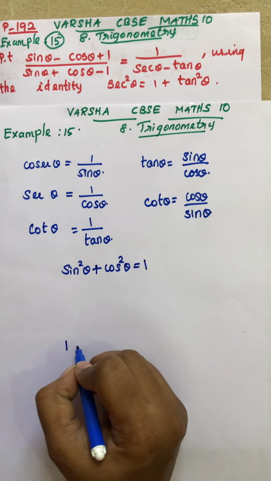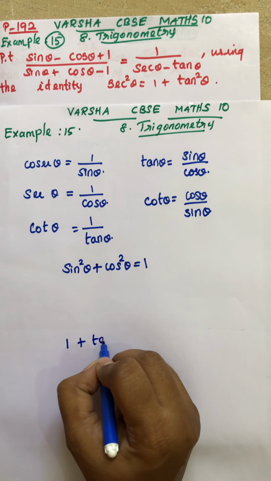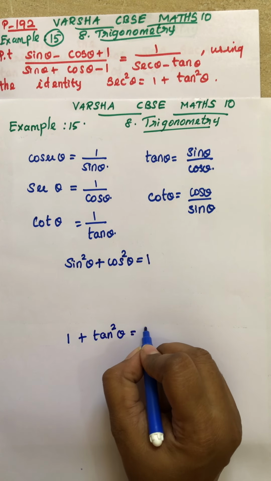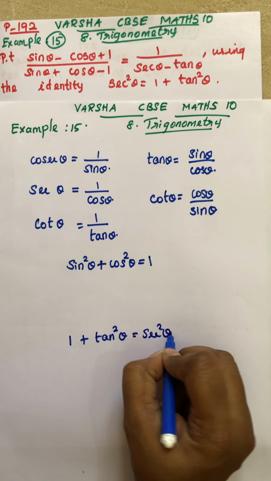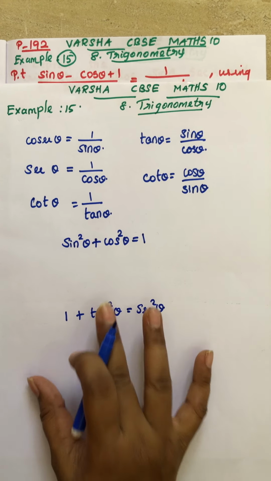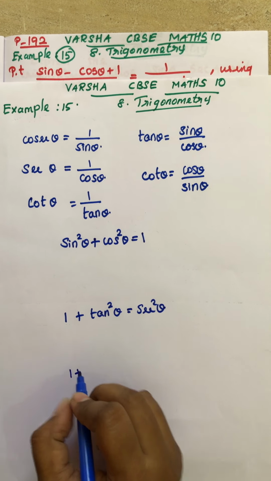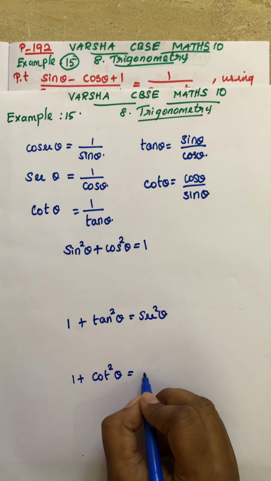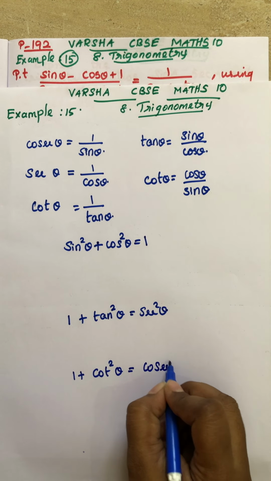The next one, 1 plus tan square theta equal to secant square theta. Then the third one, 1 plus cot square theta equal to cosecant square theta.